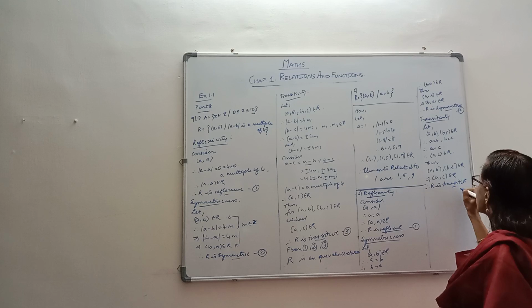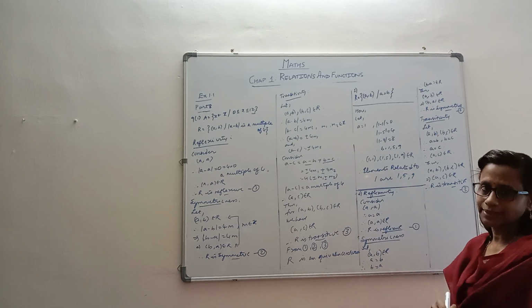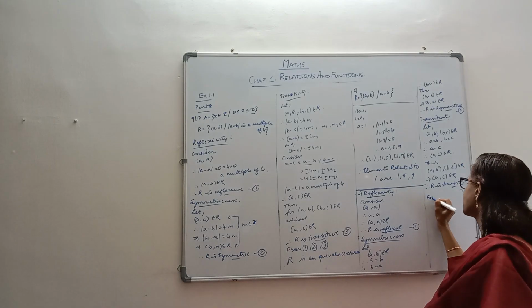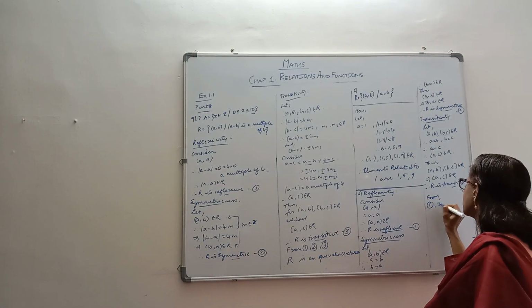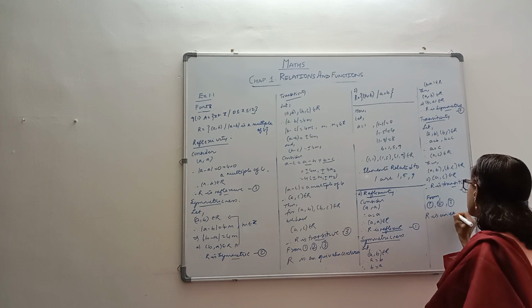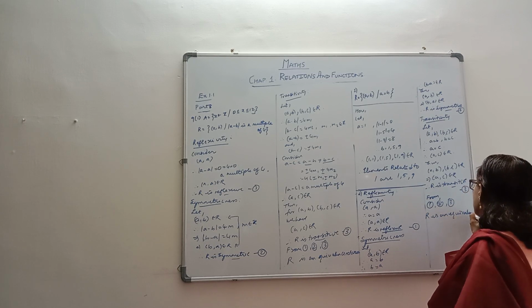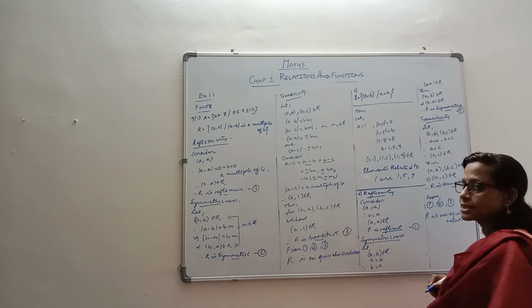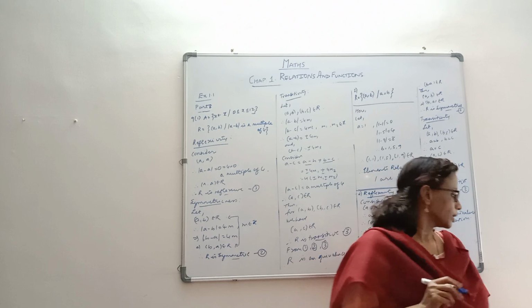Right. That is our equation number 3. So from 1, 2 and 3 we have it as an equivalence relation. R is an equivalence relation.